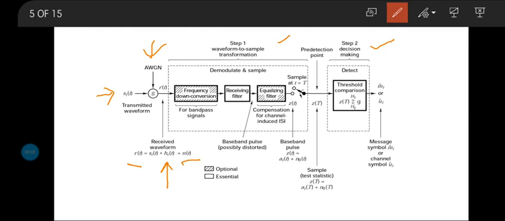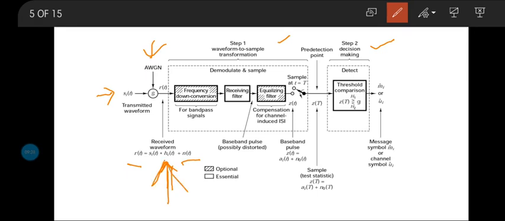For binary transmission over an ideal distortionless channel, where convolution with hc of t produces no degradation, if we look at a channel which is ideally distortionless, then this hc of t component can be removed.